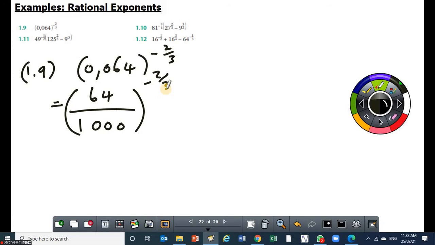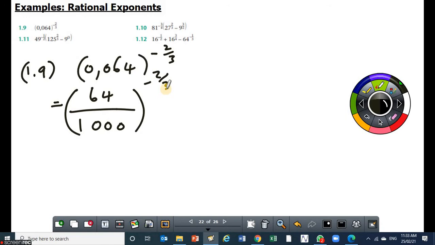Now, if you have been going over those stuff, the quickest way would be to swap the numerator and the denominator and make the exponent positive. That's the quickest way. But someone might ask, how come you end up having such a scenario? So I'm going to show you all the way now.